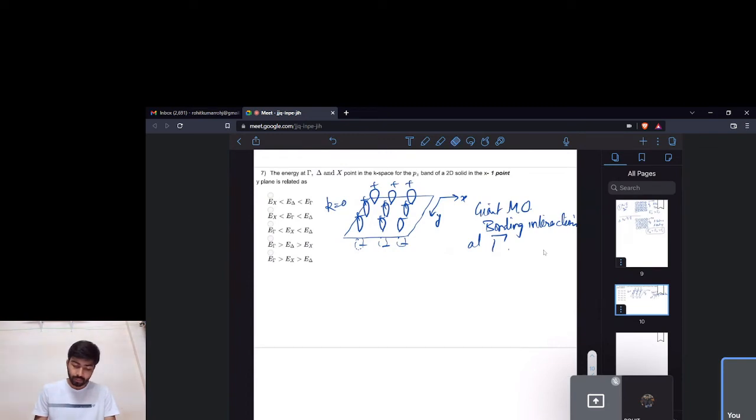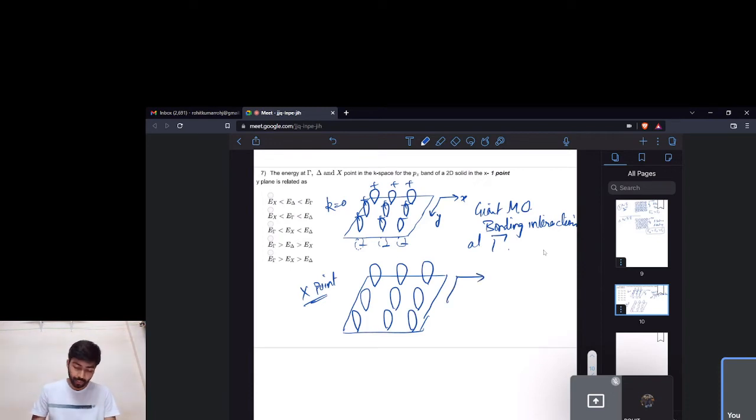Now for the x point, we have x point meaning kx equal to pi by a and ky equal to 0.